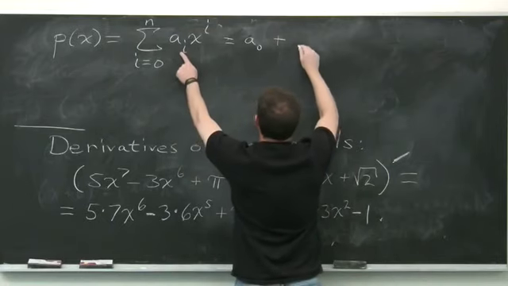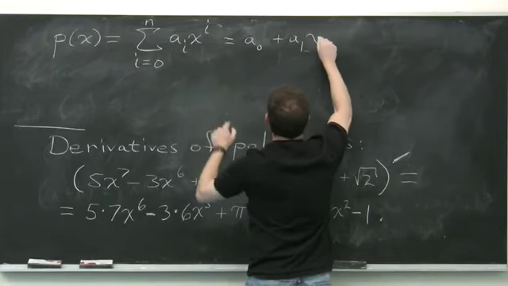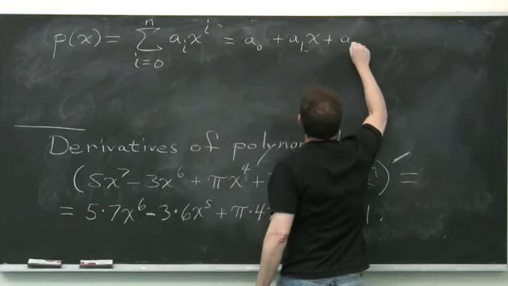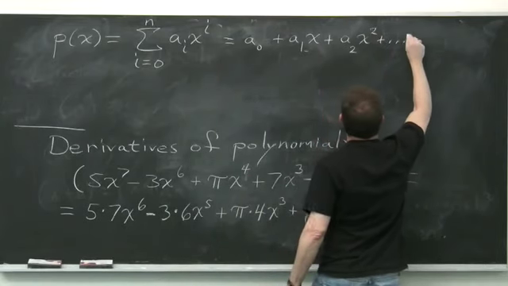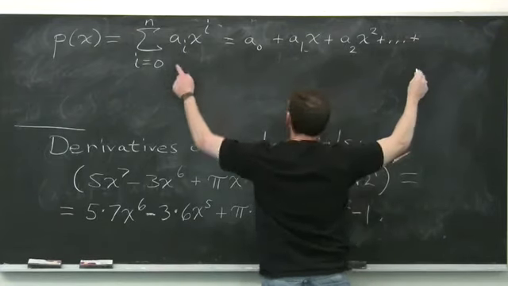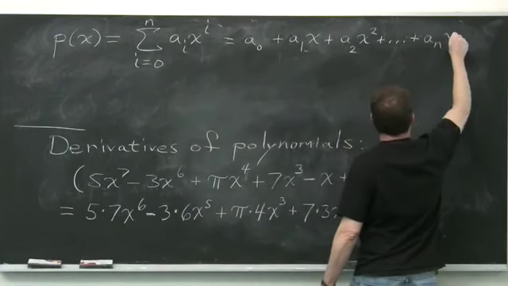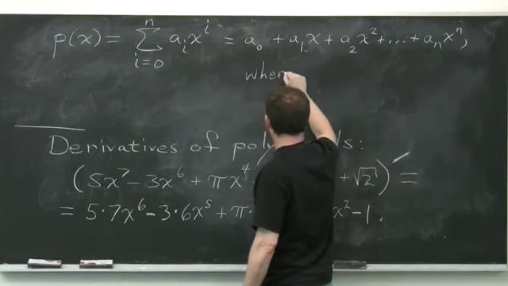Plus, you add to that what you get when I is 1, plus a sub 1, x to the 1, but that's just x, plus a sub 2, x squared. And then the final term would be a sub n, x to the n, where the a's are some constants.